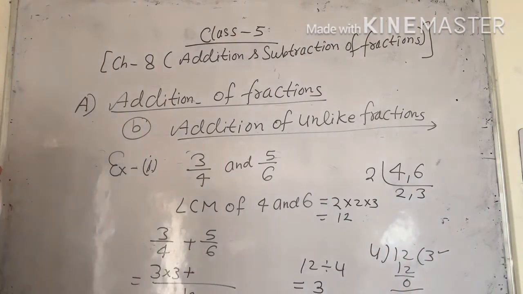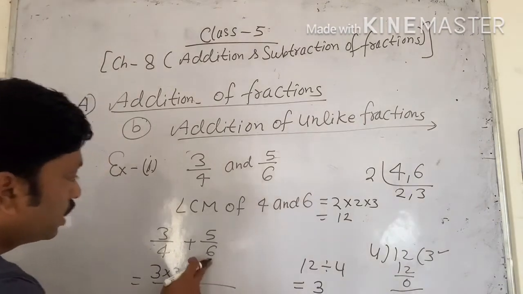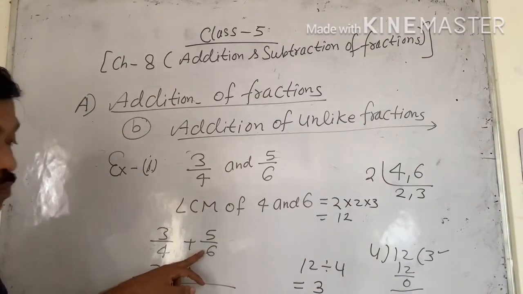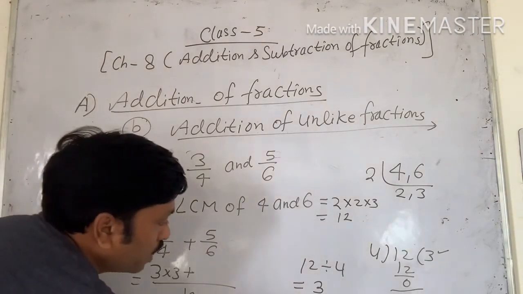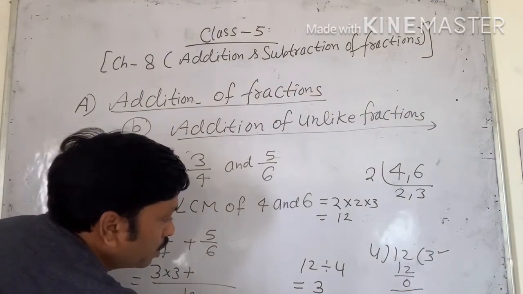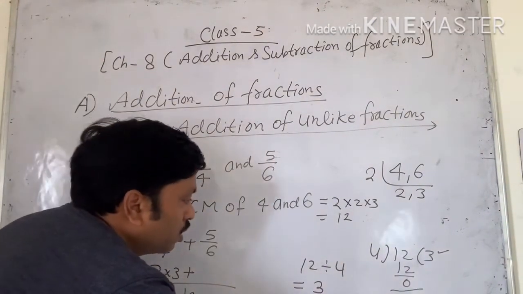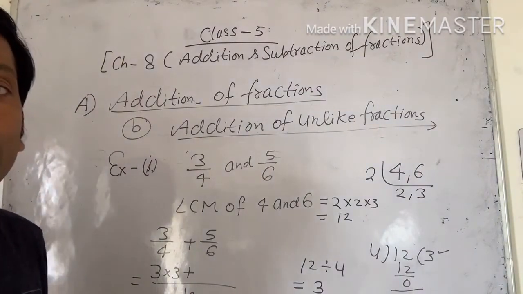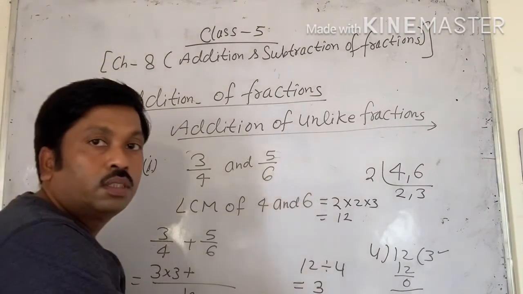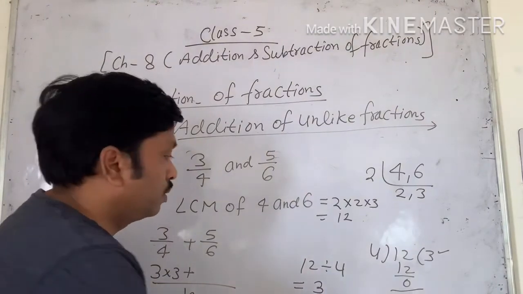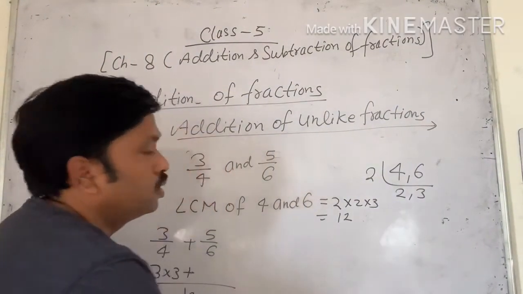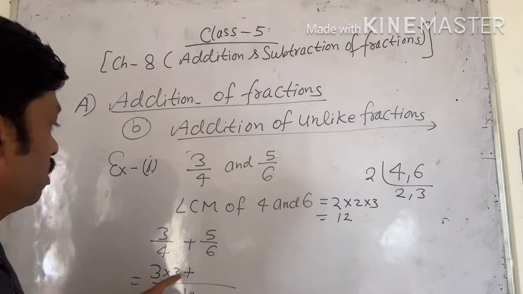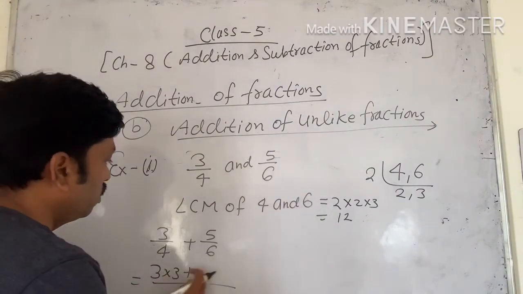Once again, this 6 is the denominator of the second fraction. 12 divided by 6, we get 2. Now here we see 3 by 4, and how can we do it? 3 into 3.